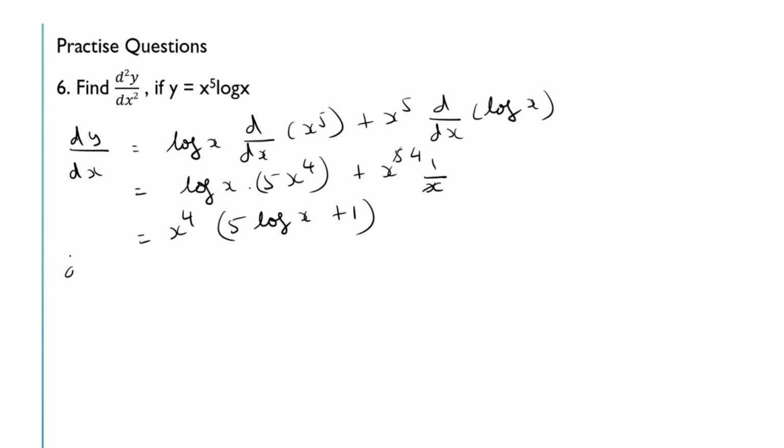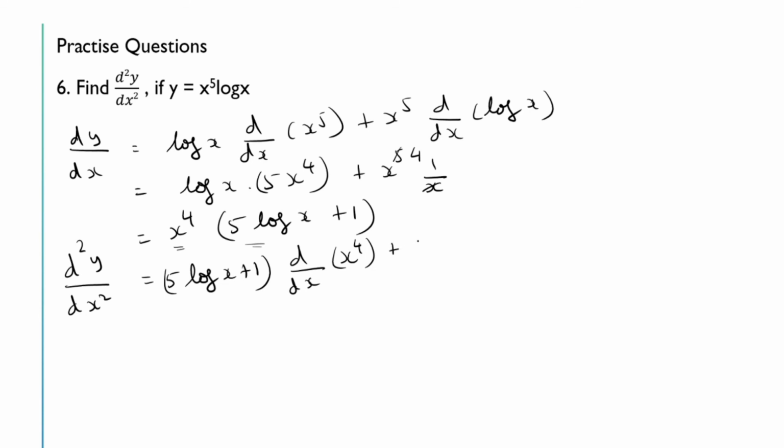Now let us find d square y by dx square. So this is equal to, again it is a product of two functions, x raised to 4 and 5 log x plus 1. So (5 log x plus 1) into d by dx of x raised to 4, plus x raised to 4 into d by dx of (5 log x plus 1).